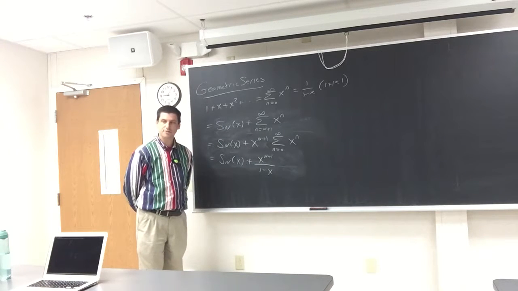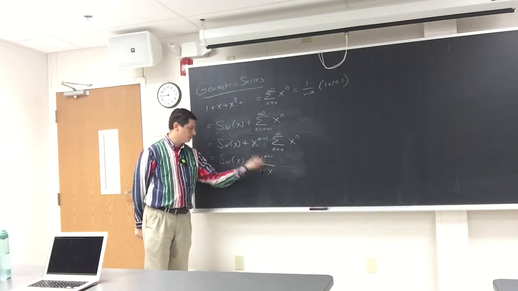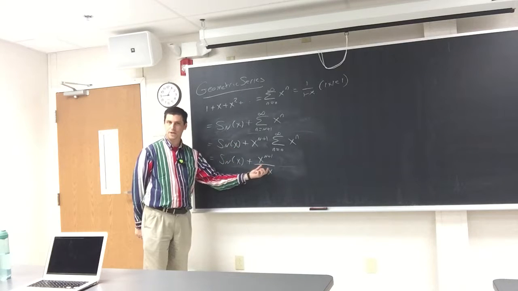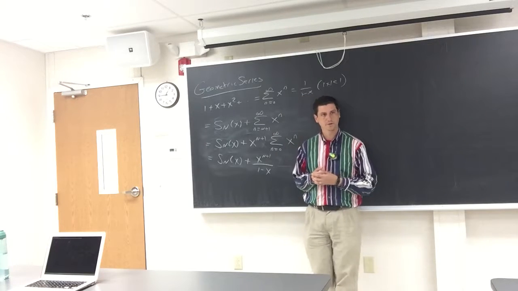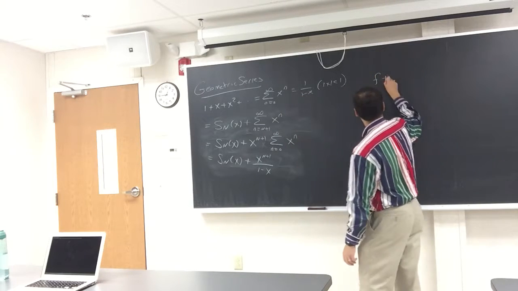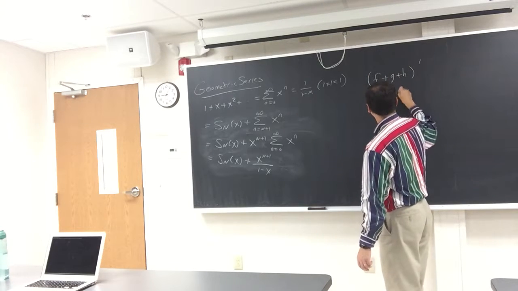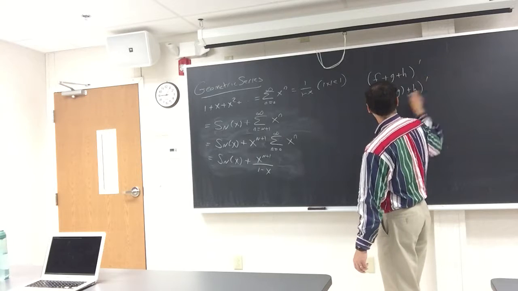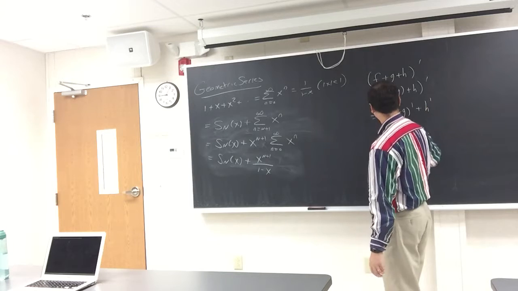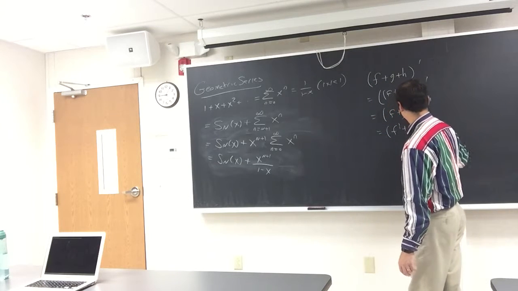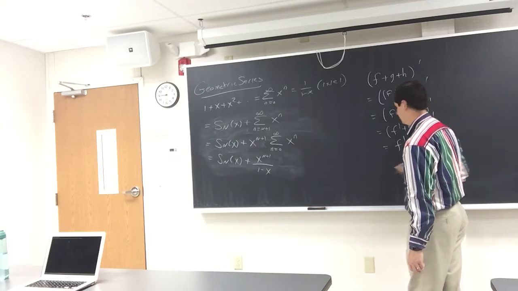Now if we want to try to justify differentiation term by term, I can take the derivative of a sum. The derivative of a sum is the sum of the derivatives. You can take the derivative of a finite sum as the finite sum of the derivatives by just grouping things with parentheses. So if I have f plus g plus h prime, this is f plus g prime plus h prime, which is f prime plus g prime plus h prime.